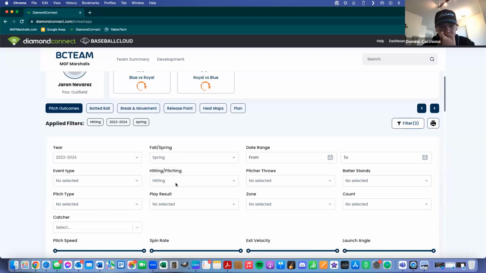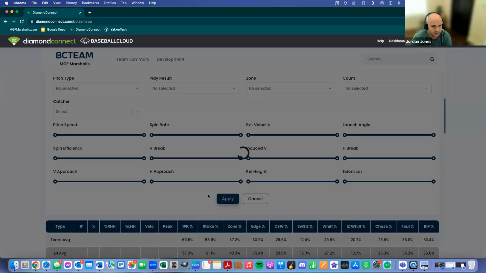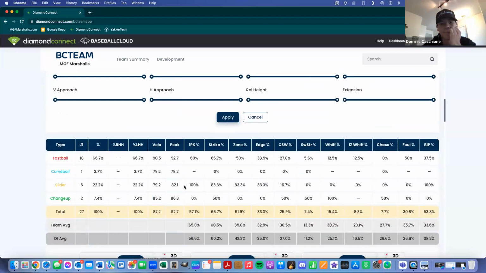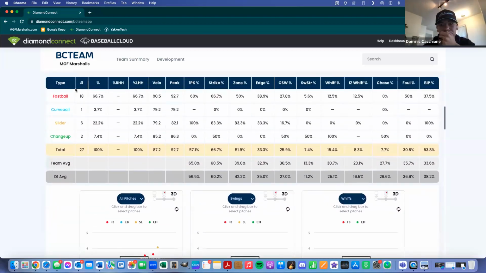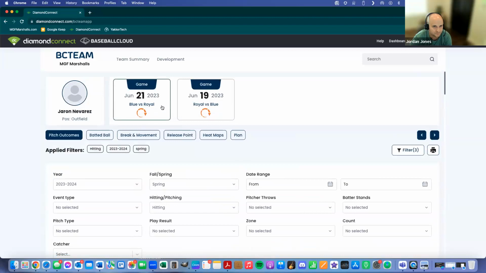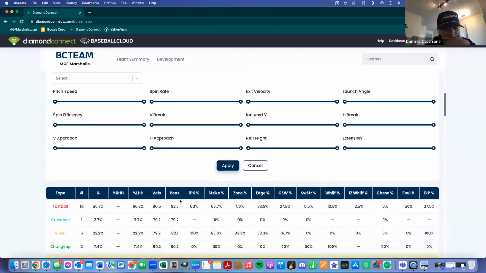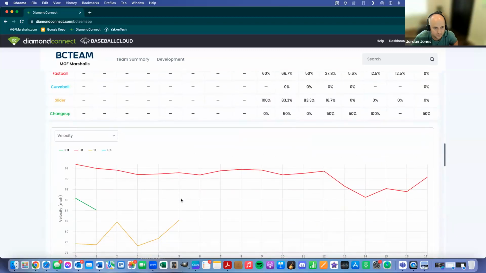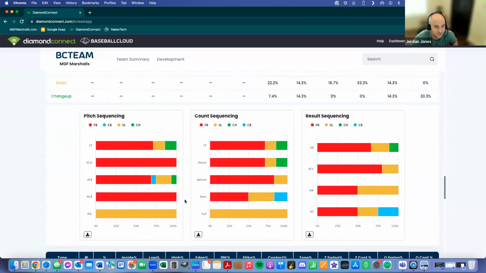So I changed it to hitting and hit apply, and now it reran his stuff. Here's all the fastballs he's seen, curveballs, right, Dom? Am I understanding this right? This is both games. Yeah. So this is what you've been looking for, Robbie, or a part of it. Here are his pitches, here's his sequencing, here's what he's seen over two games. Is that right, Dom? It should be, yeah.